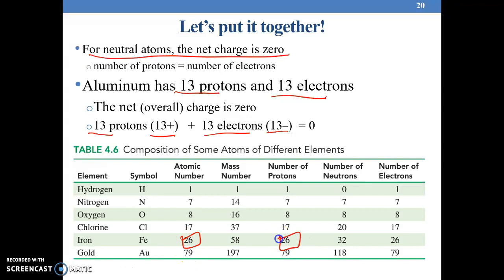Protons is 26, electrons is 26, but you've got to look at the mass number, and that's where you look at the periodic table and say, okay, iron rounds to a certain number, and then you solve for the neutrons that way. You've got to use mass number and neutrons. These are the 2 hard columns to figure out. Find the mass number in the periodic table, and you get neutrons. Or if you're given neutrons and protons, you can add them together, like here, and get your mass number, like at chlorine there.